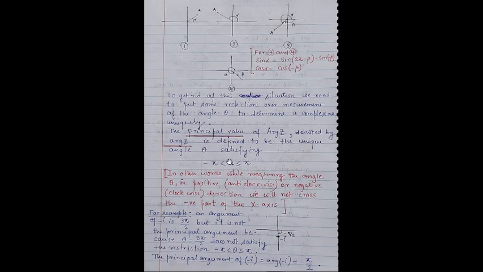This inequality actually means that if you keep on measuring in the positive direction, you can go up to this axis, and in the negative direction you can measure all the way to just before the negative part of the x-axis.